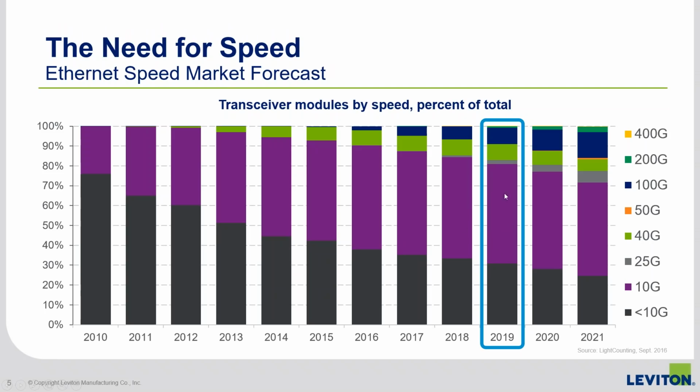The purple is the 10 gig, which obviously accounts for the majority of the volume currently. Then you start seeing the 25 gig starting to ramp up. The green is the 40 gig, which has grown and stayed somewhat stable, but is starting to decline. Then you see the 100 gig ramp up, which I'll talk about more in a second. And then 200 and 400 gig are just starting, the green being the 200 and a little bit of yellow being the 400 gig. So that's the mix of where things have been and where they're going.